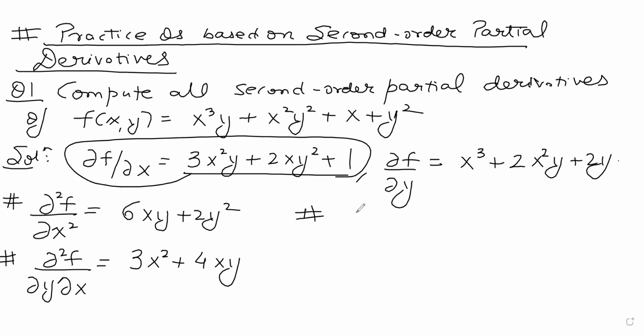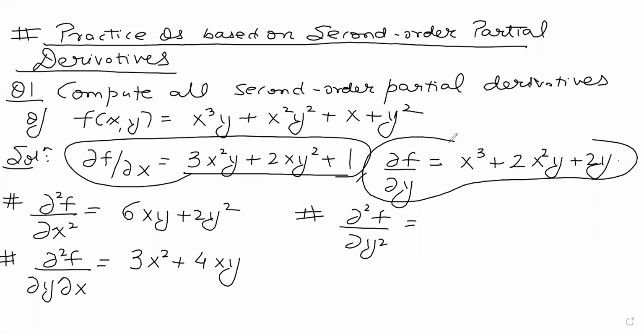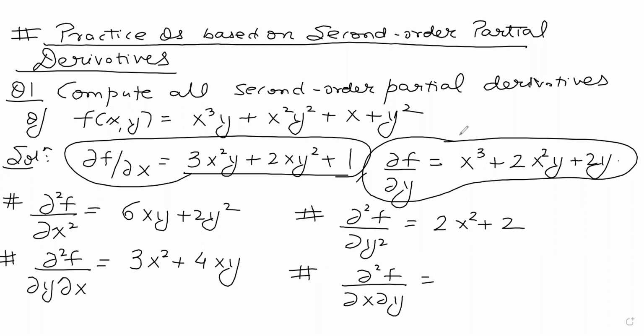Now let's find del square f by del y square. Differentiate del f by del y with respect to y further. What do we get? We get 2x square plus 2, and del square f by del x del y would be the partial derivative of del f by del y with respect to x. Comes out as 3x square plus 4xy.